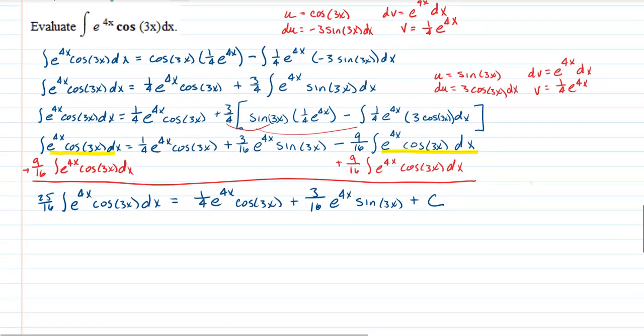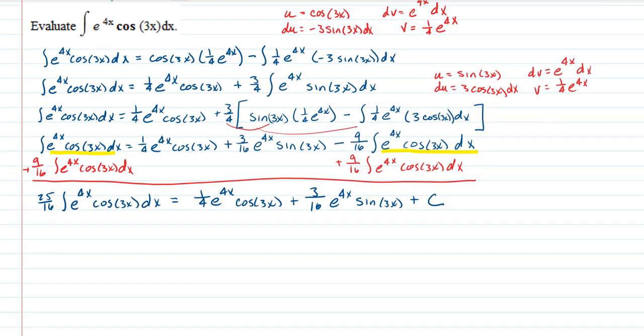So now I've got to put the plus c. Is this my final answer? No, because I've got 25/16 of this integral equal to this. In order to get that integral by itself, I have to multiply by the reciprocal, 16/25. But what you do to one side, you want to do to the other, which means that it has to be distributed across.